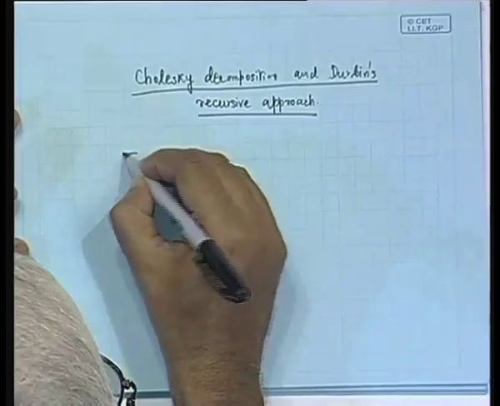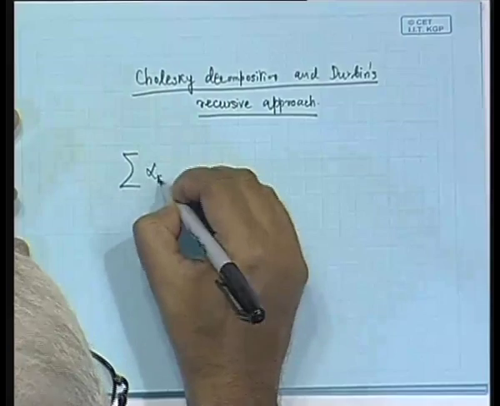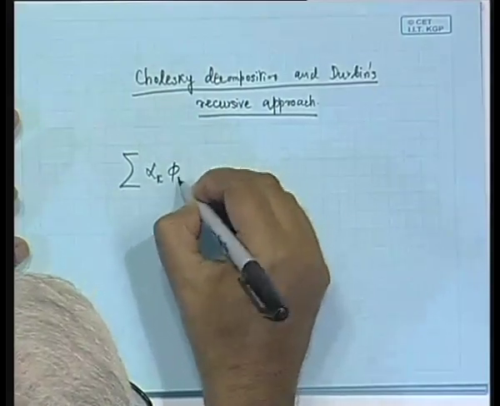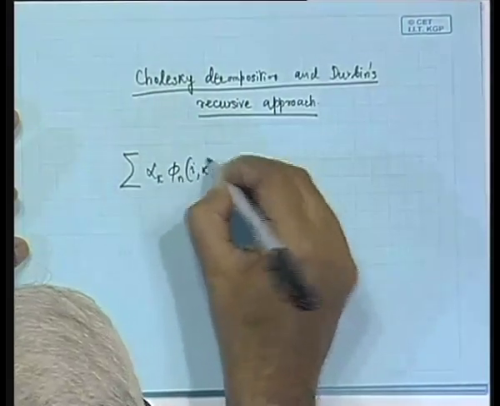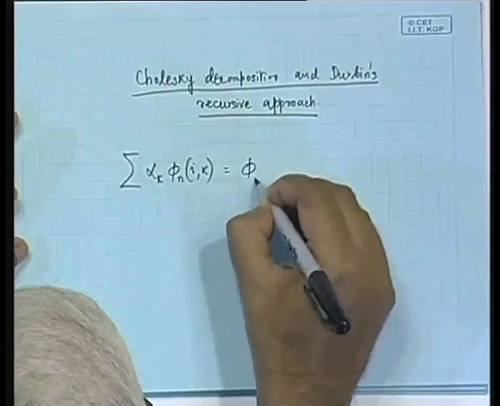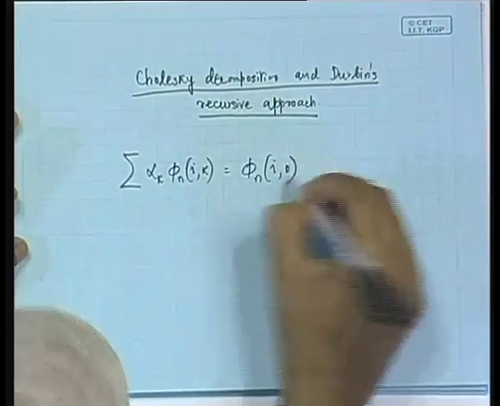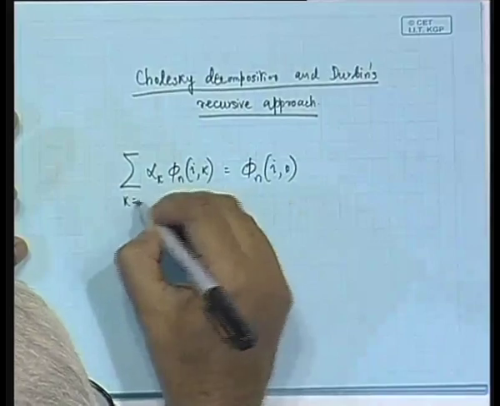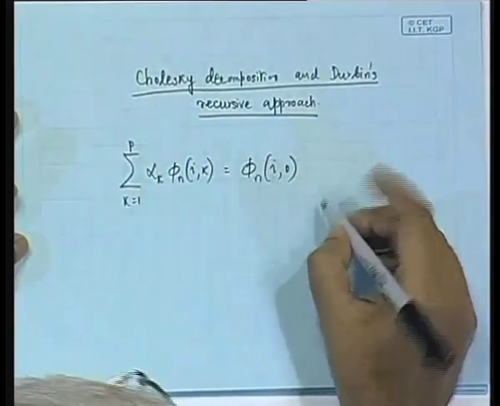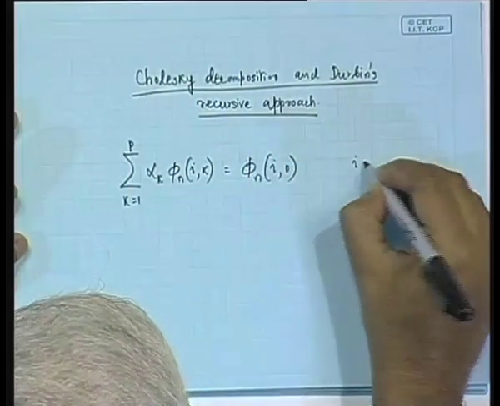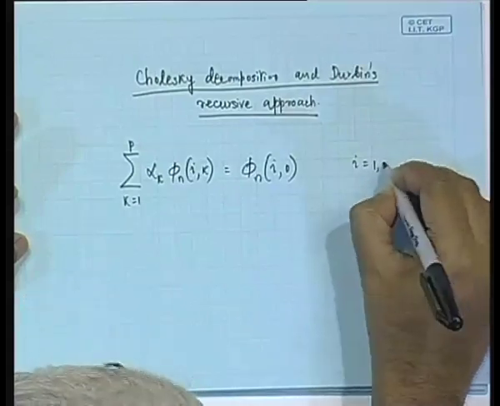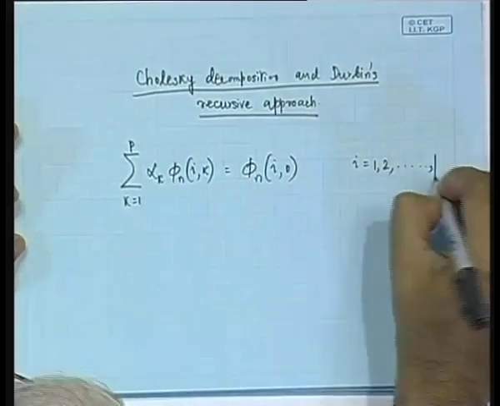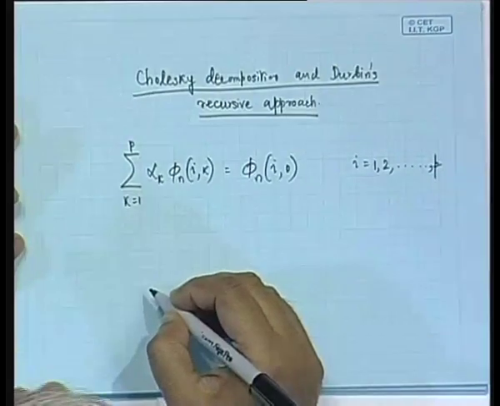Basically we start with the set of P equations given by summation alpha k phi n(i,k), equal to phi n(i,0), where k is summed from 1 to p, where p is the order of prediction. So we essentially have p such equations to solve.